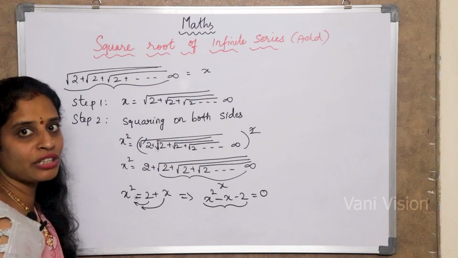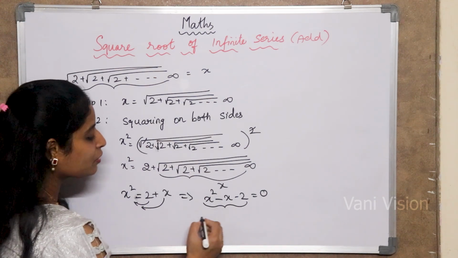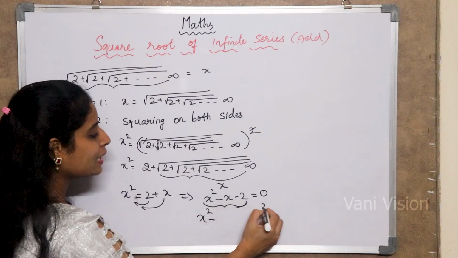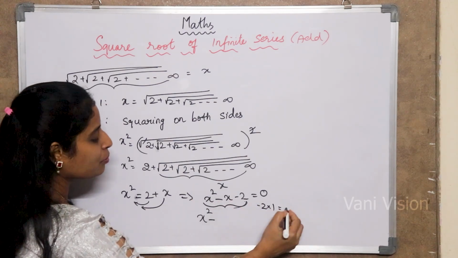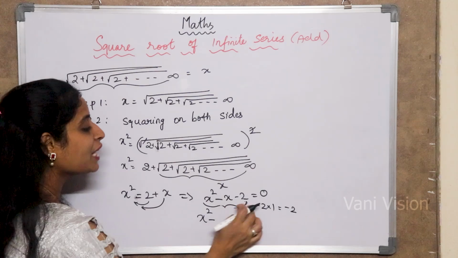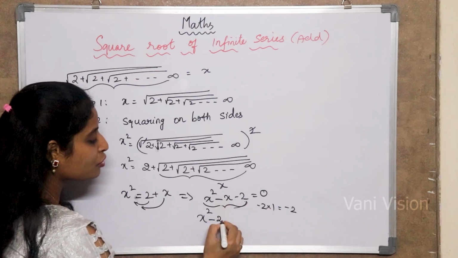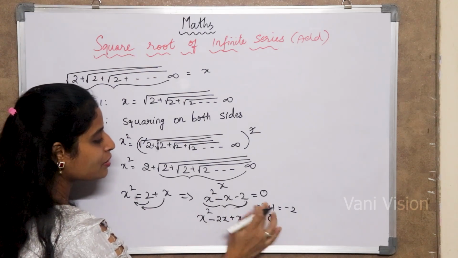Can we find the roots of the quadratic equation? Yes. So how will you find them? The product should be minus 2 into 1, the product should be minus 2, and when we add those numbers we should get the middle coefficient. So x squared minus 2x plus x minus 2 is equal to 0.